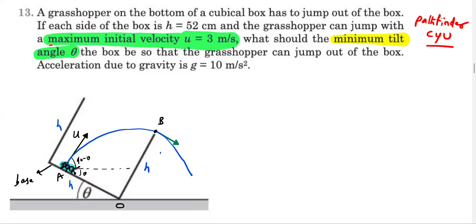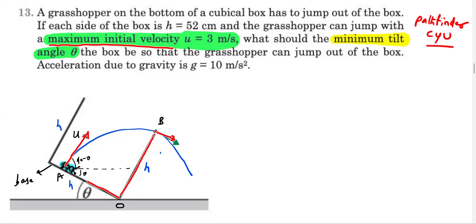Since the grasshopper has maximum initial velocity u, 3 meter per second, it will jump normal to the base of the box. For the tilt to be minimum, the velocity of the grasshopper when it is crossing the edge should be directed perpendicular to this side wall BO.